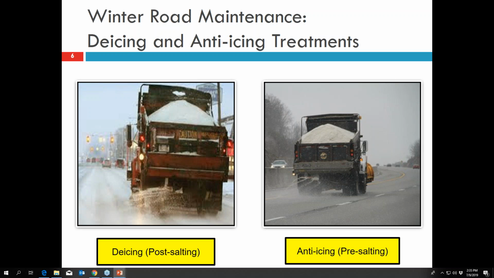Just to give an idea of de-icing and anti-icing: for de-icing, we apply salt after the snow event, on top of the snow. For anti-icing, we apply salt before the snow event or at the beginning of the snow event. Both have some positives and negatives.